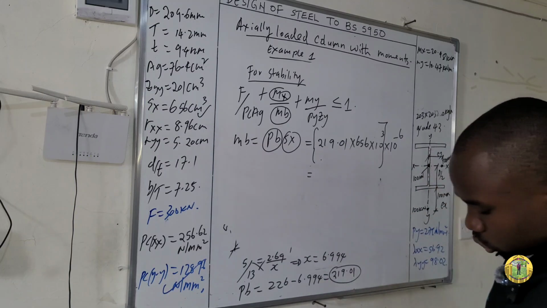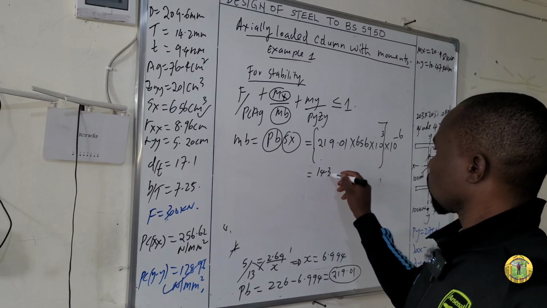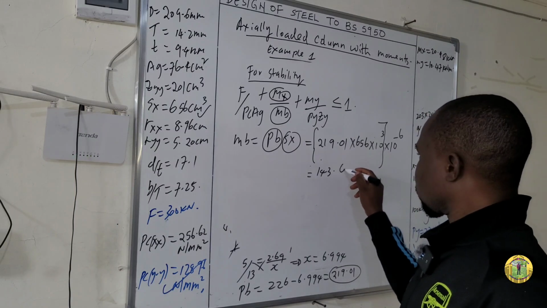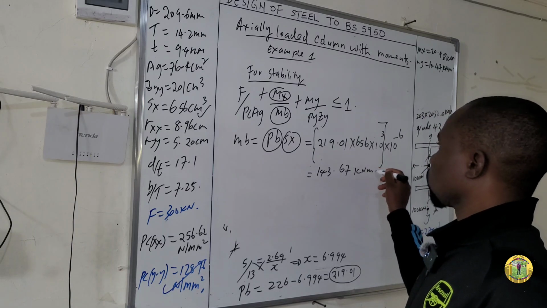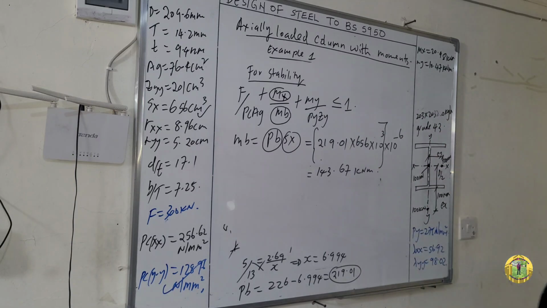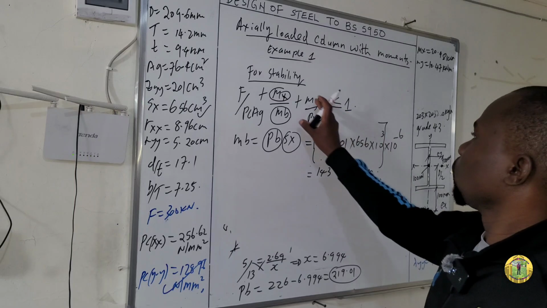So this one is equal to 143.67 kilonewton meter, like that.